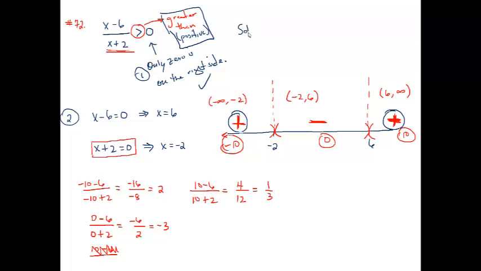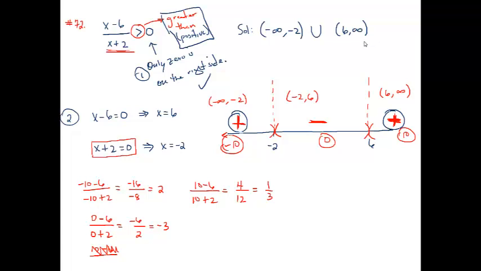So my solution is going to be parentheses negative infinity to negative 2, union, 6 to infinity. Oops, not the word and, union or. So negative infinity to negative 2 or 6 to infinity. Great.